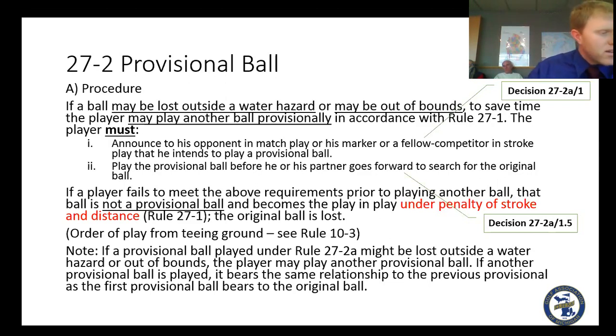But you can't tell which one's the last one. Yeah, if you don't know which one's which. Let's look that one up. 2710. That's A and B, not a provisional, but 2711. Yeah, 2711 is the one you're looking for.